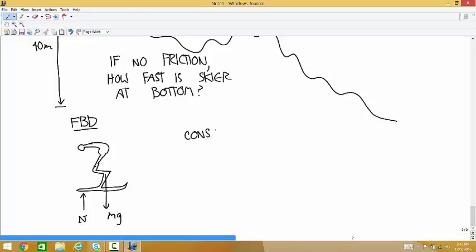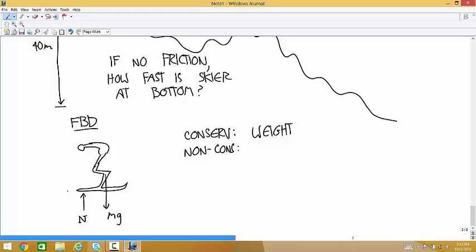Let's think about what's conservative and what's non-conservative. Are either of these conservative? Conservative are the good ones. Non-conservative are the bad ones. Gravity, the weight, is conservative, so that's easy to deal with. What about the normal force?